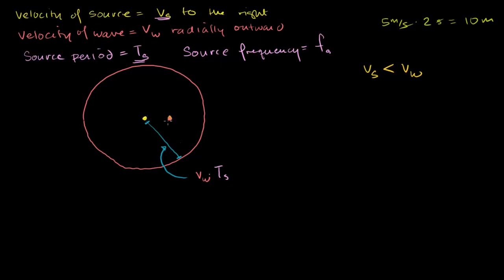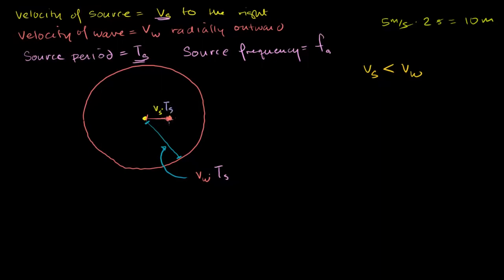This orange reality is what's happened after t sub s seconds. So this distance right there, I'll do it in a different color, is going to be the velocity of the source, v sub s, times the amount of time that's gone by. And I said at the beginning, that amount of time is the period of the wave. That's the time in question.